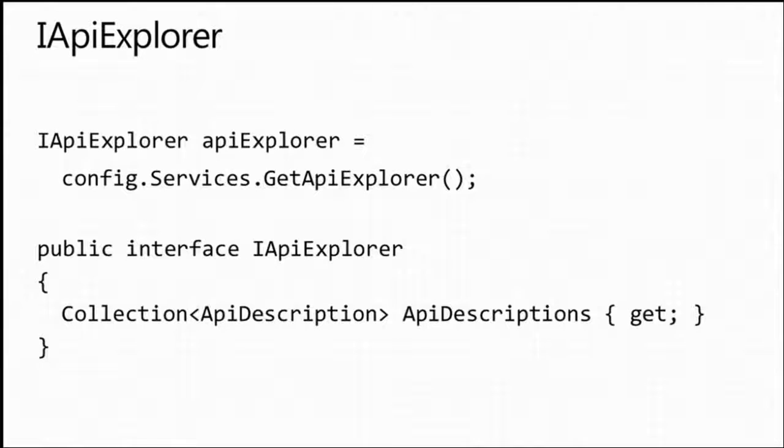It will look for all the controllers so it knows what the URI space actually looks like. It'll look at all the supported formatters. It gives you this information and lets you do whatever you want with it. If you want to serialize it to JSON or XML and create your own metadata format, you can do that. If you want to create an MVC app that uses that runtime data and builds a help page UI view, you can do that too.